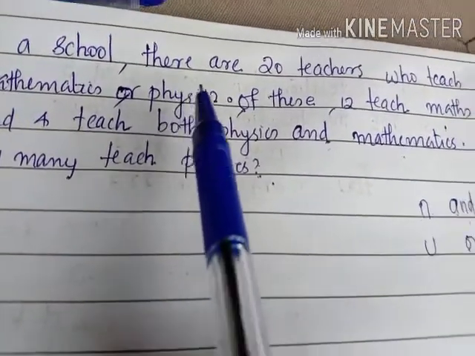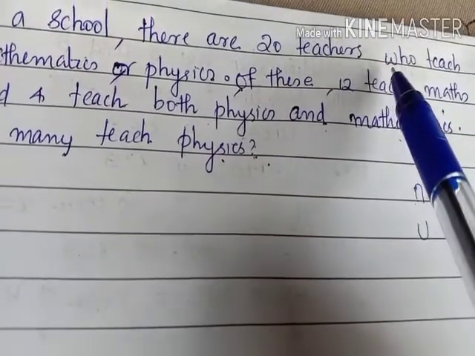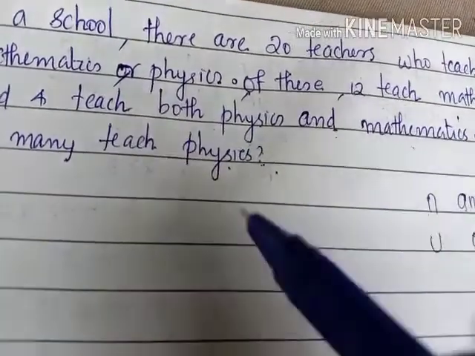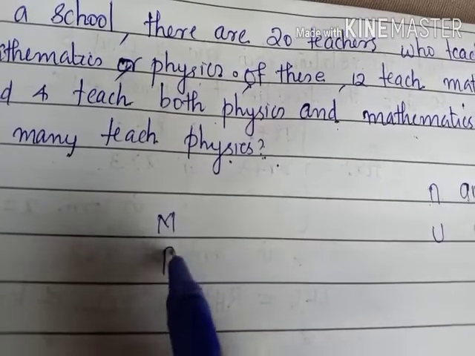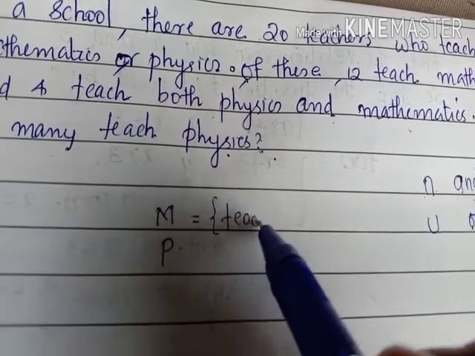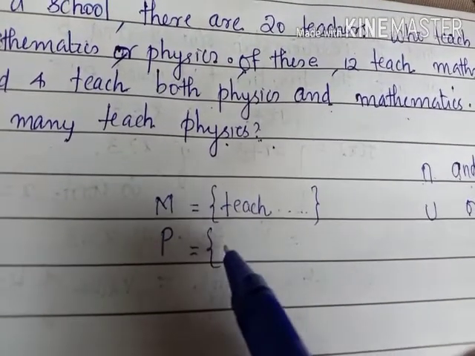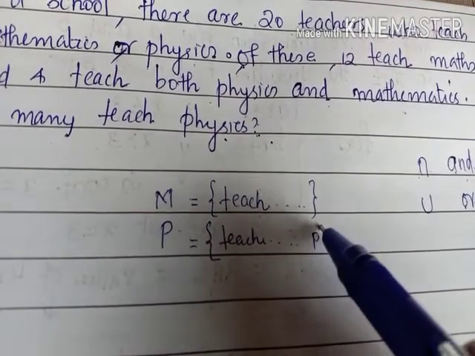Now look at the question once again. There are 20 teachers who teach mathematics or physics. Let us consider the sets M and P. M is the set of teachers who teach maths, and P is the set of all teachers who teach physics.